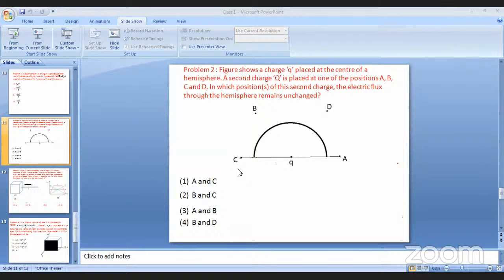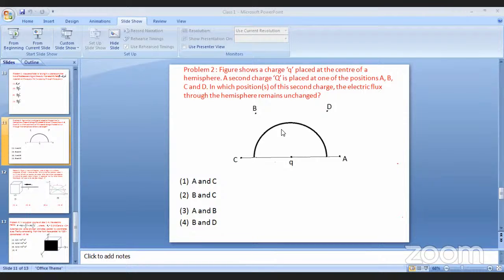So when you draw the rays towards the hemisphere, it can pass the rays, the electric flux. Okay, good try, but option 4 is not the correct one. Option 3 is also not the correct one actually.